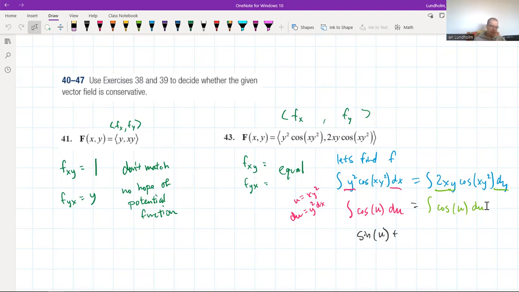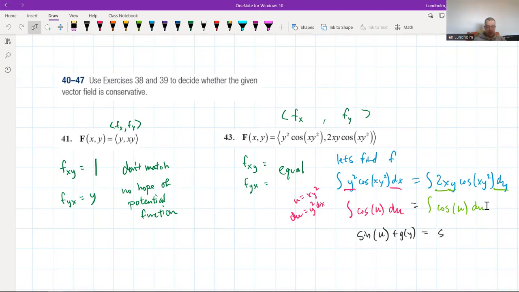Now, in this case, it's possible to have a whole function in terms of y that would have just been erased when you took the derivative with respect to x. So there could be some g of y as our plus c over here.